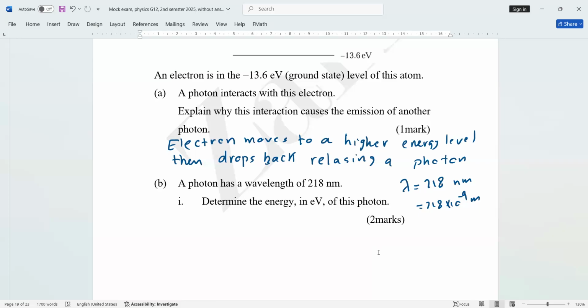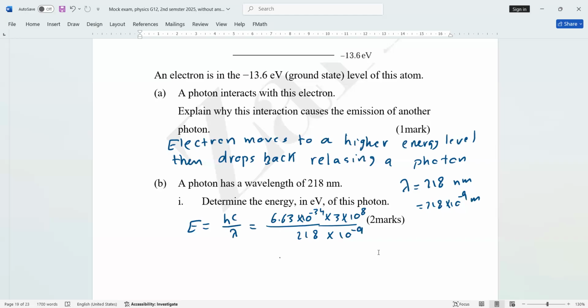Now we have lambda, so the energy equals hc over lambda. H equals 6.63 times 10 to the power negative 34, multiplied by 3 times 10 to the power 8, divided by lambda, 218 times 10 to the power negative 9. So this is the energy in joule.